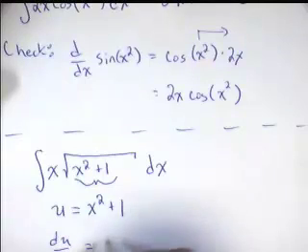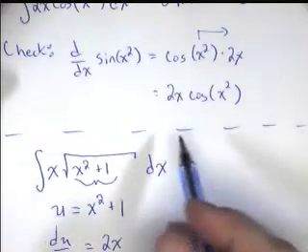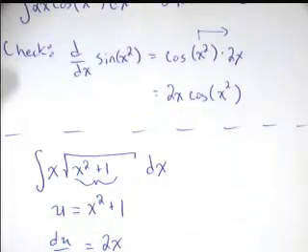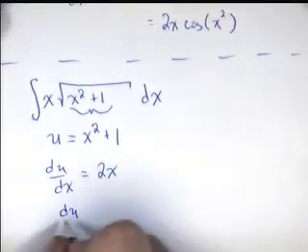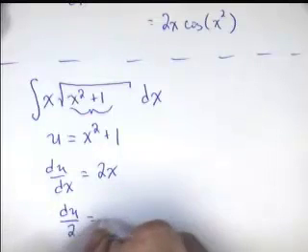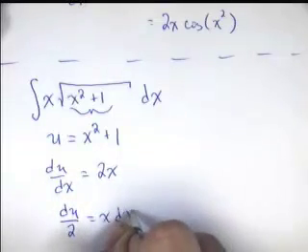So du dx would be 2x. And then we'll play around a little bit. I will cross multiply by the dx and divide by the 2, so that du divided by 2 becomes x dx.